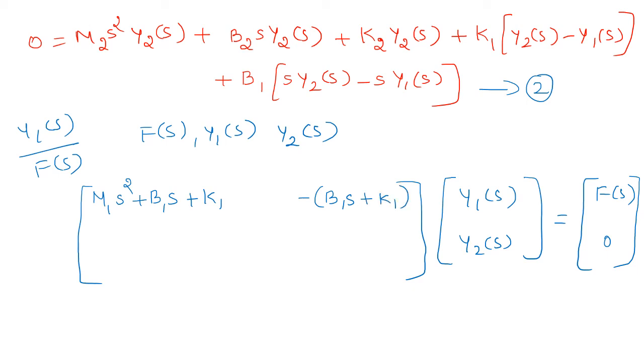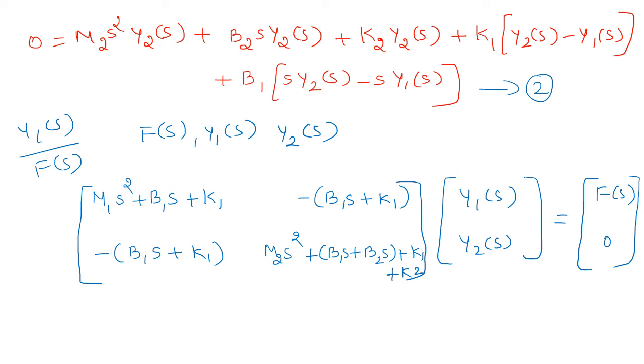Similarly, in our second equation, we have minus B1 s plus K1 into Y1 and M2 s square plus B1 s plus B2 s plus K1 plus K2 into Y2 of s. This is equation 1 and equation 2 represented in matrix form.